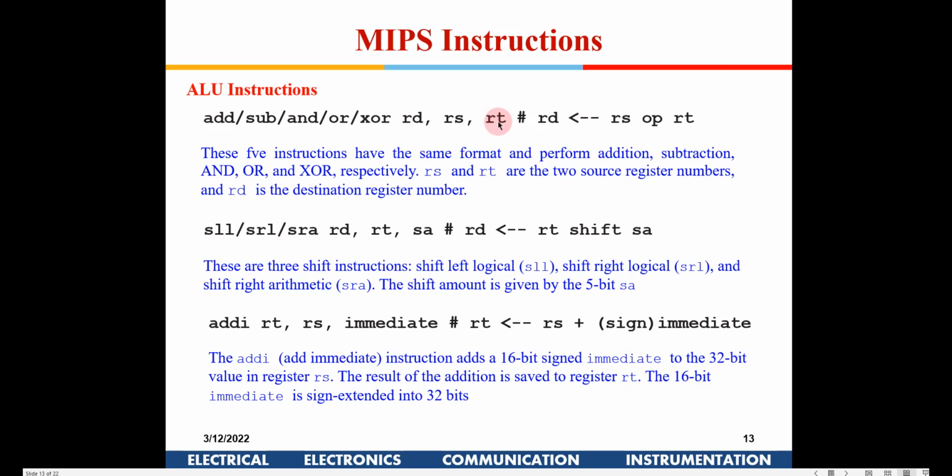So what it does is, if I say add, the contents of the RS register and RT register will be added, and the result will be stored in the RD register. Unlike in 8086, where you just specify two registers there.